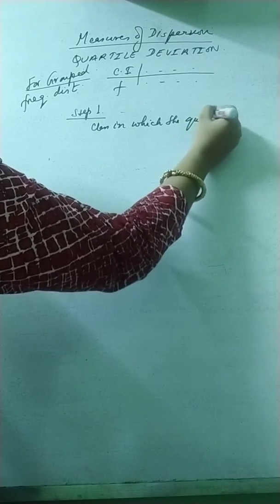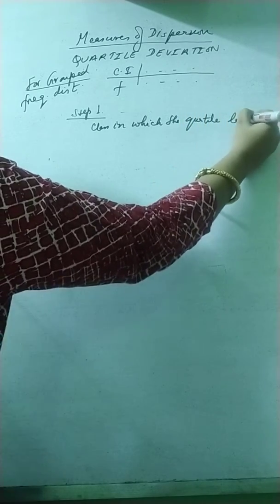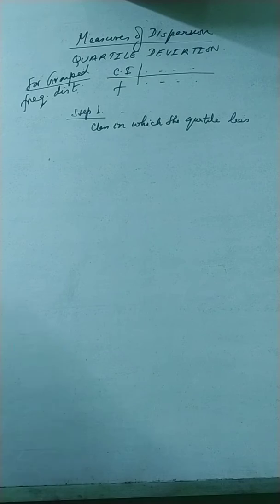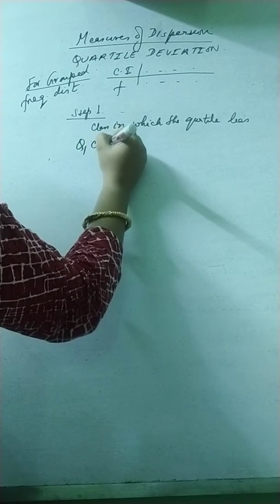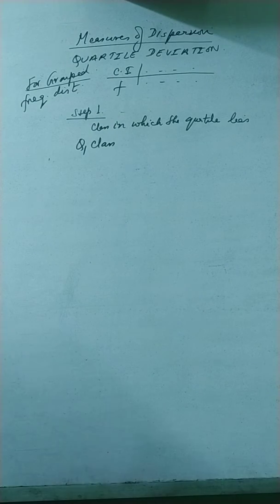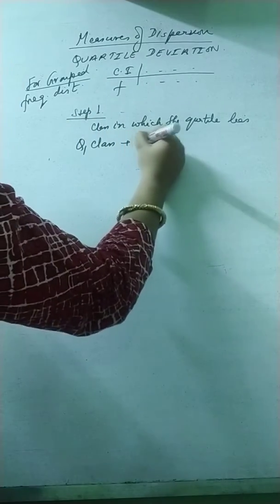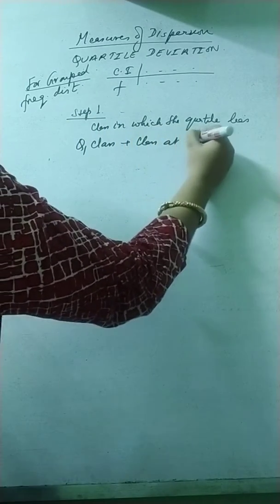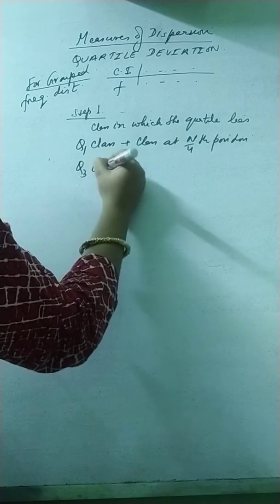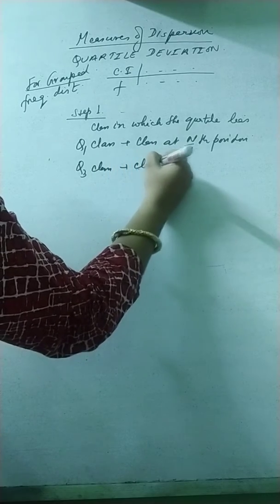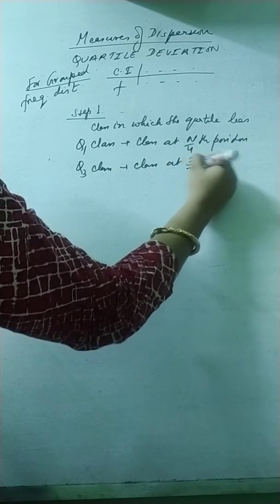The location of the quartile class in which the quartile lies, that is what we have to find. In other words, the class containing Q1, also termed the Q1 class, will be given by the class at the n by 4th position, and the Q3 class will be given by the class at the 3n by 4th position.